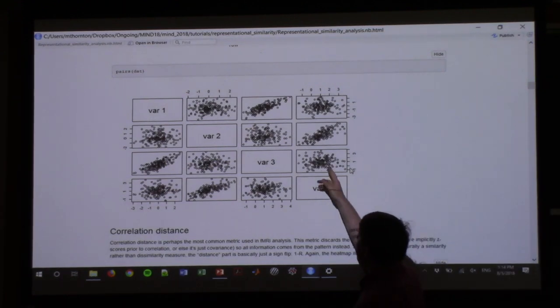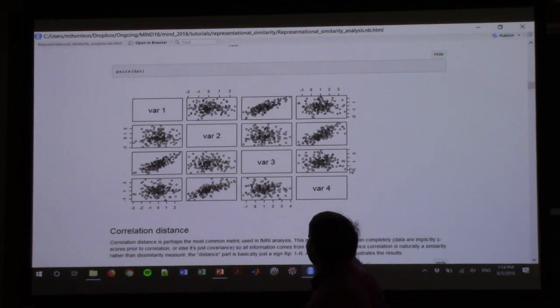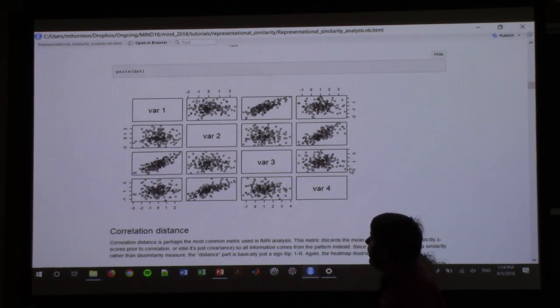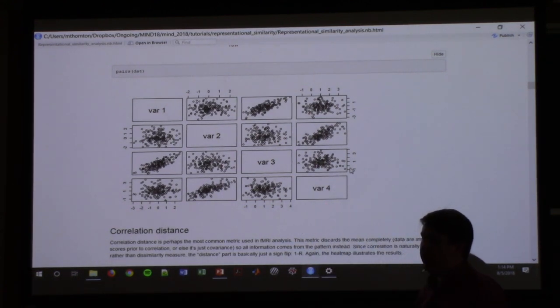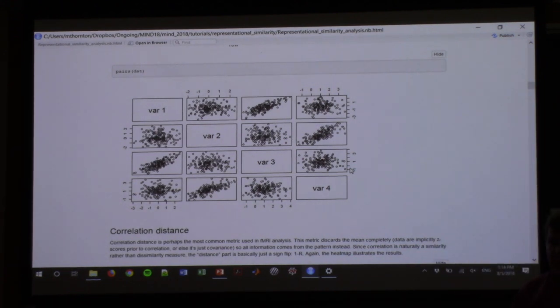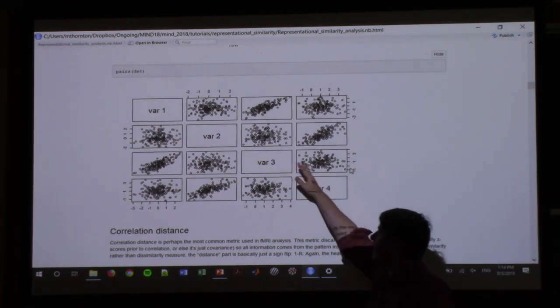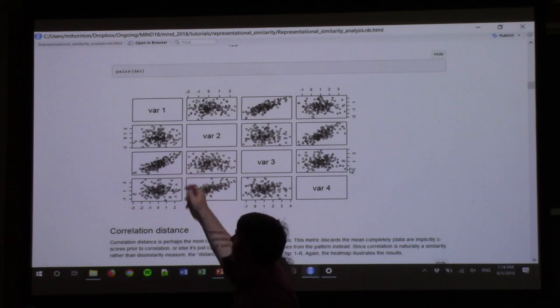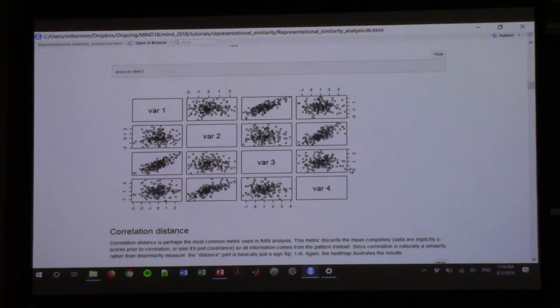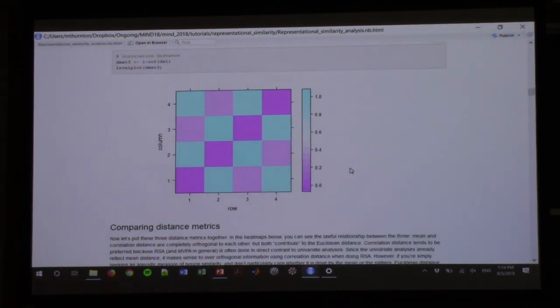So we can see correlations between conditions 2 and 4, and conditions 1 and 3. Although these have quite different means from each other, as we saw a moment ago, in correlation space it's effectively the opposite. It looks a little bit more like a checkerboard here.